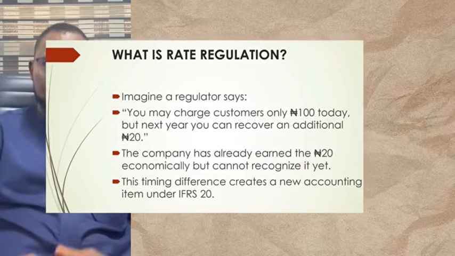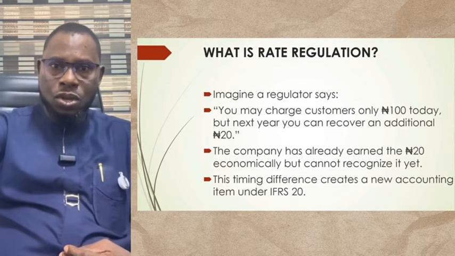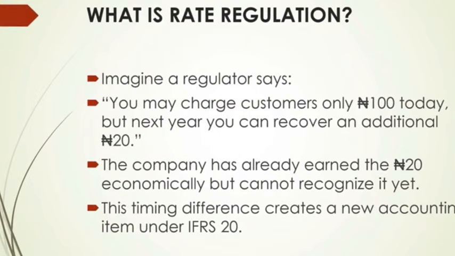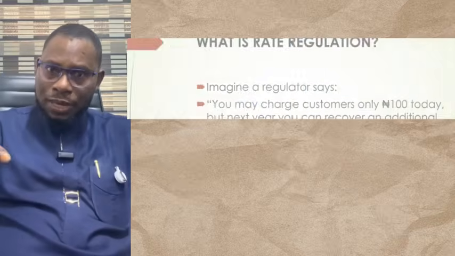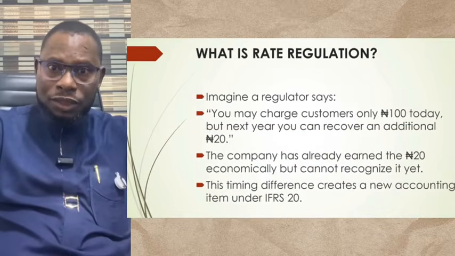Let's now look at what rate regulation means, with an example. Imagine that a regulator says to you, you may charge customers only 100 naira today, but next year you can recover an additional 20 naira. So what it means is that you are actually earning 120 naira, but you are not permitted to collect 120 naira this year.